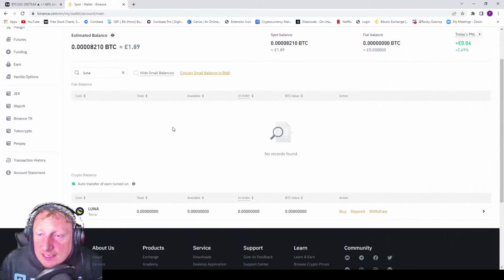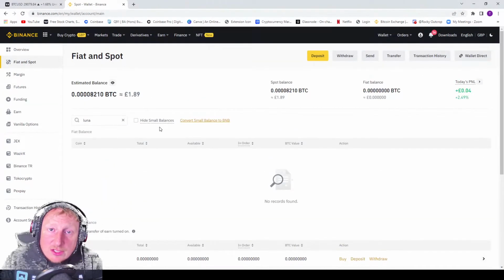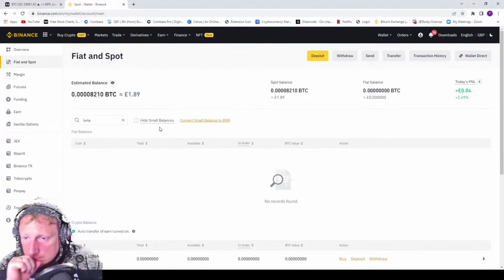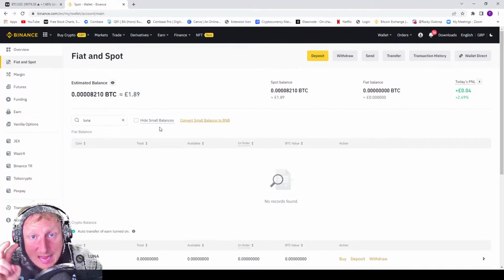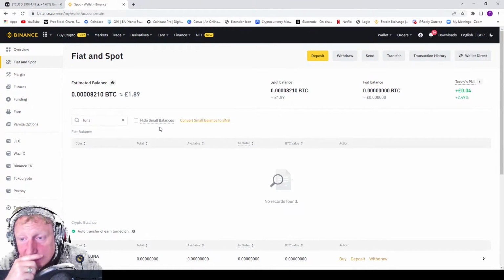It's a bit of a shame, really, because the other exchanges are allowing you to continue to not only trade, but they've also had their trading of USD Luna Classic, and they've also had their airdrop. Binance haven't had their airdrop, and in a minute they've taken away my normal Luna, my now Luna Classic, right? It's bad stuff.